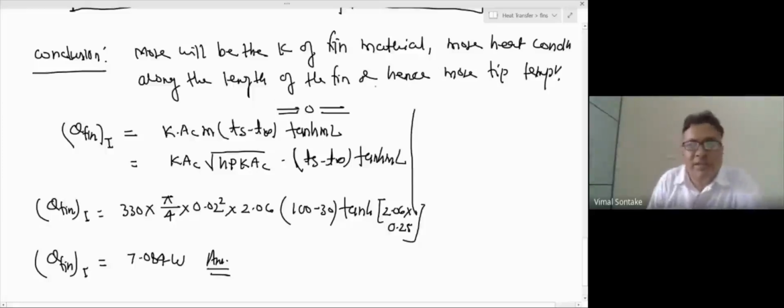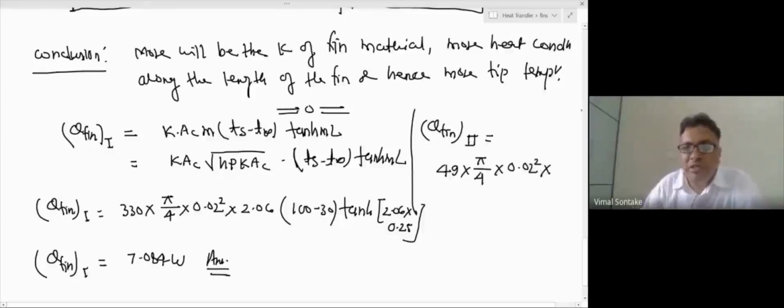Got it? Similarly, Q fin in the second case, I am directly writing the formula. K value is 49. Rest of the thing will remain the same. Cross sectional area will remain the same.